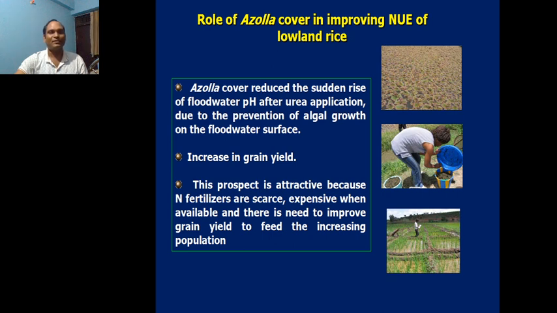Azolla is known as the floating nitrogen factory. It is associated with the symbiotic nitrogen fixer Anabaena azollae, and this prospect is attractive because nitrogen fertilizers are scarce, expensive when available, and there is need to improve grain yield to feed the increasing populations.